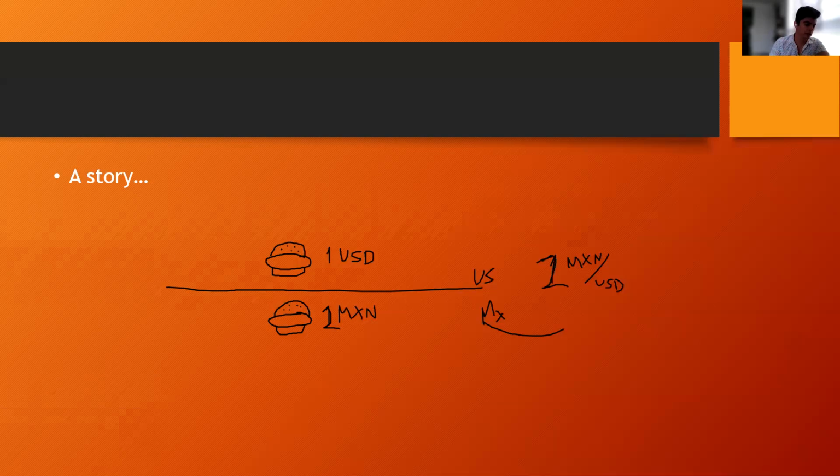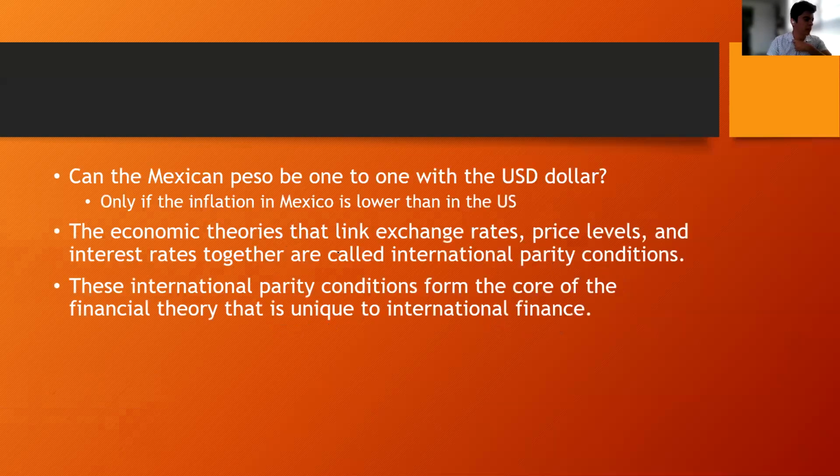So what we have just learned are the basics, or the foundations, of the whole international financial management theories. This thing that I explained with a burger story is what economists developed in the early 20s, 30s, 40s, in the first part of the last century. They developed this theory that they call the law of one price, right? That's the name of the theory. I have that in the next slides.